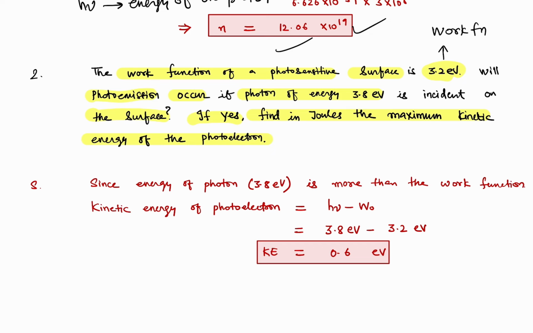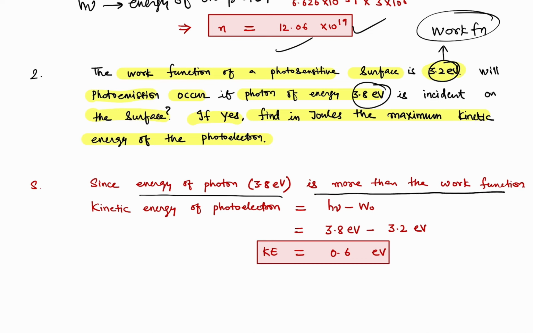We will check if the incident photon energy is more than the work function or not. So 3.2 is less than the photon energy. That means the energy of the photon is more than the work function, which means the photoelectric effect will happen. Since the energy of the photon is 3.8 electron volt, which is more than the work function, photoelectric emission will happen.